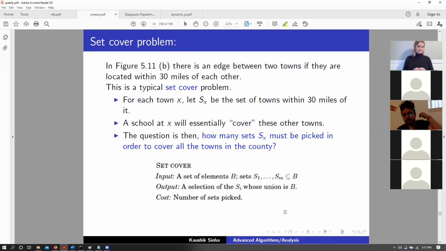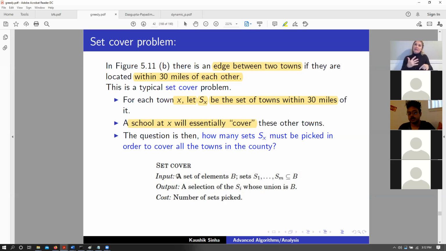So in the previous example, if there is an edge between 2 towns, then we know that it is within 30 miles of each other. So what we want is for each town X, they have to be placed in a particular set S_X, which basically says that it cannot be more than 30 miles away from a particular town, and a particular school would basically be covering these sets of towns.